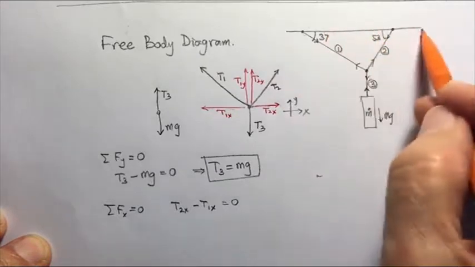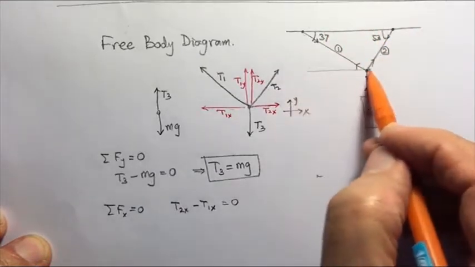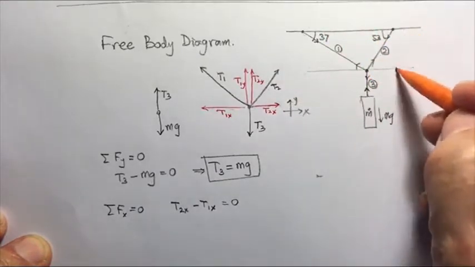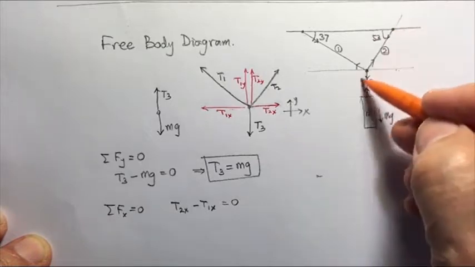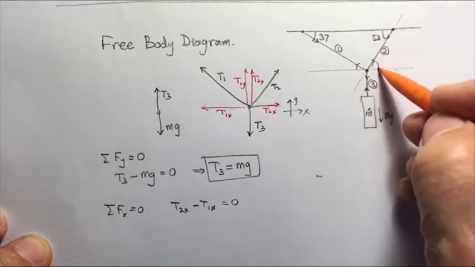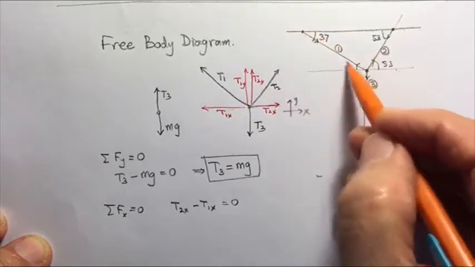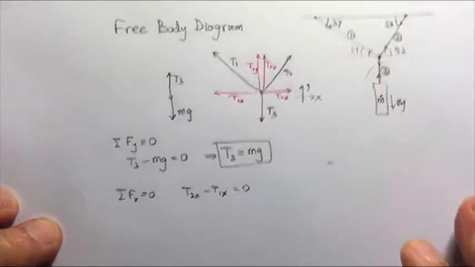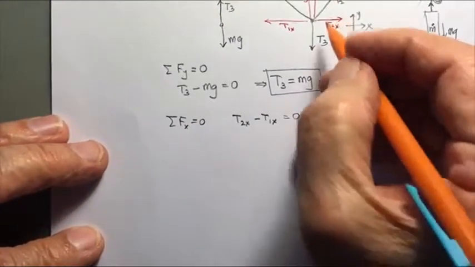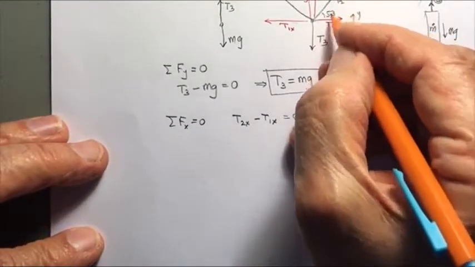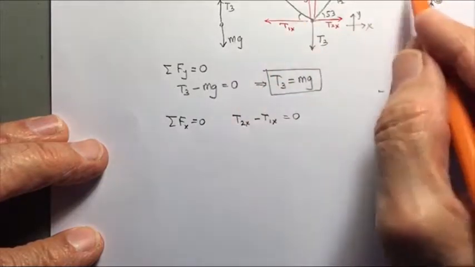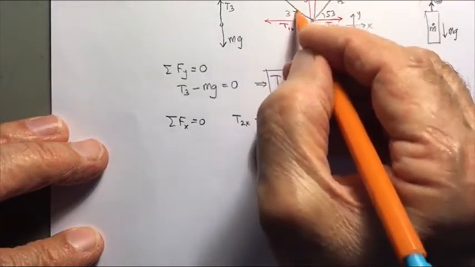If you draw a line here, which is the x-axis, these two become parallel lines, and when a line crosses two parallel lines, this angle becomes the same as this angle. This is also 53, and the same here, so this is also 37. So we have this as 53 and this as 37 degrees.